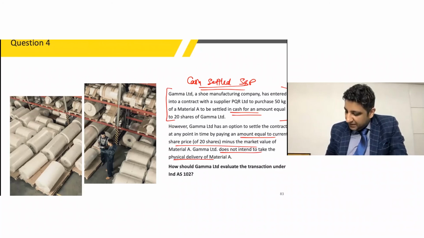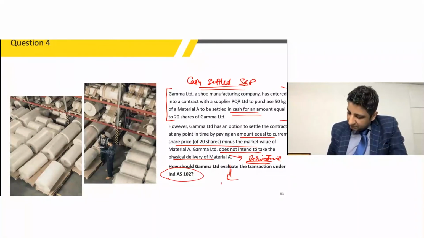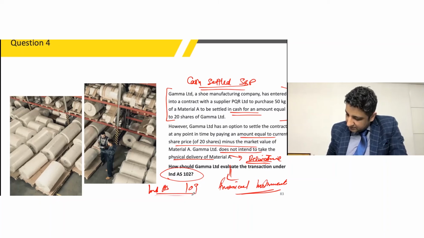Okay, it simply means you are probably referring to a derivative transaction, right? And a derivative transaction would not fall within the scope of the standard, which is share-based payment. It is rather an example of financial instruments, wherein we look at, of course, Ind AS 109.